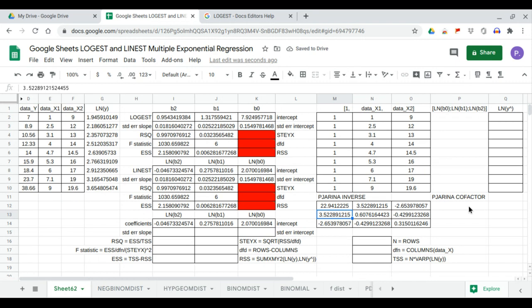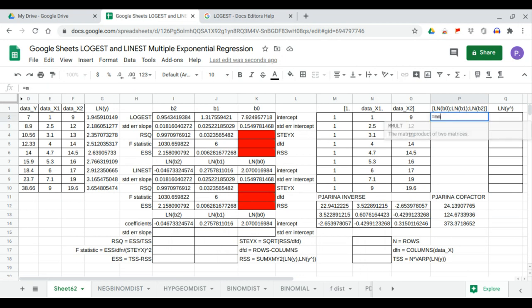And we enter the pseudo cofactor, which is MMULT of the transpose of the 1 comma x matrix, and this time we use the ln y values. Now that we have both the pseudoinverse and the pseudo cofactor, we calculate the coefficients.